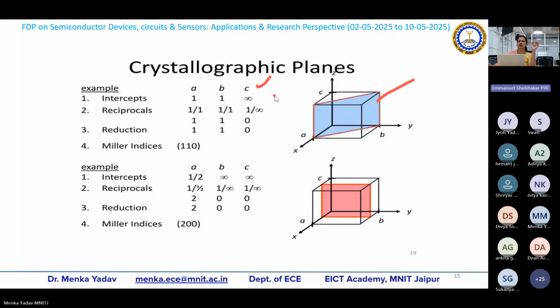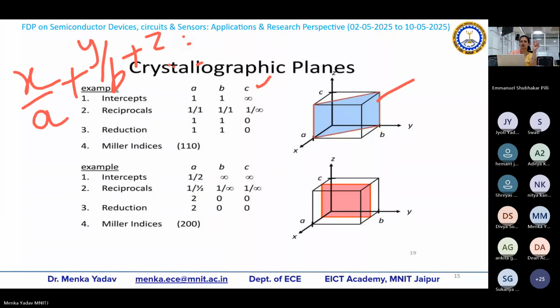If you remember, you can recall the plane equation in the form of intercepts: x by A plus y by B plus z by C is equal to 1. This was the equation of the plane, where A, B, C are the intercepts, right?